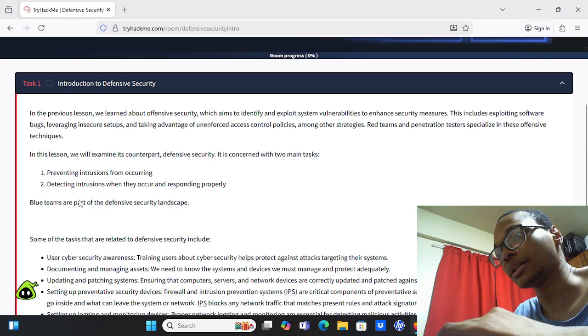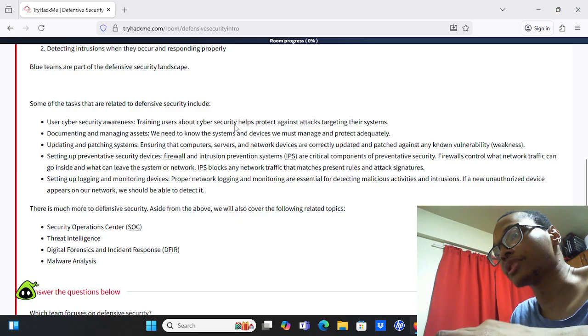Some of the tasks that are related to defensive security include user cybersecurity awareness, training users about cybersecurity helps protect against attacks targeting their systems. Documenting and managing assets: we need to know what system devices we must manage and protect accurately.